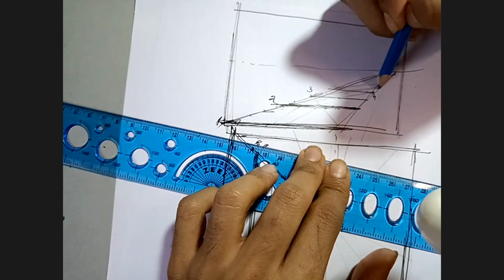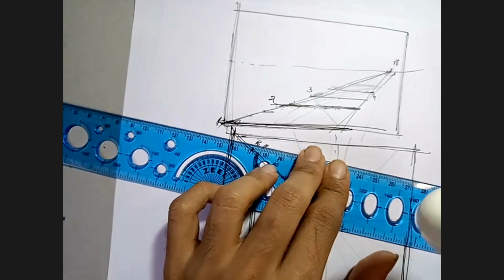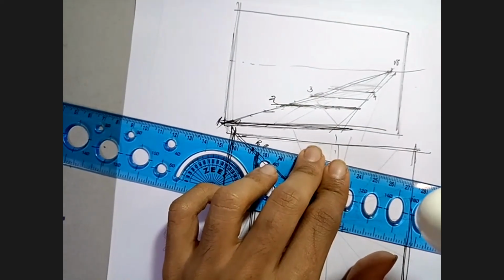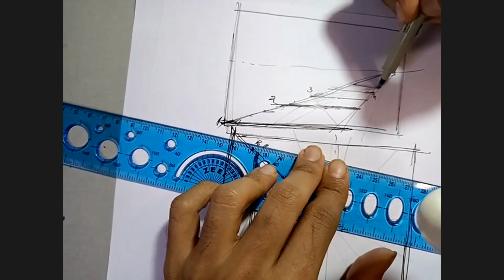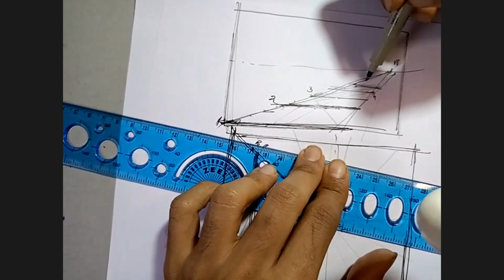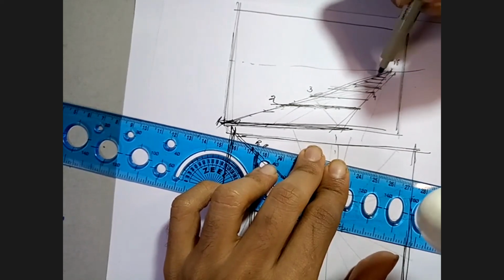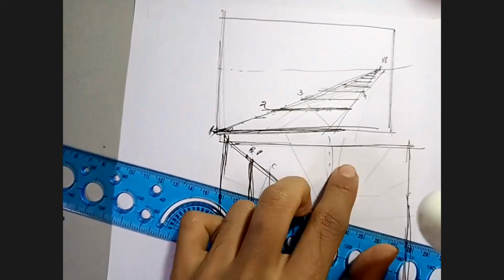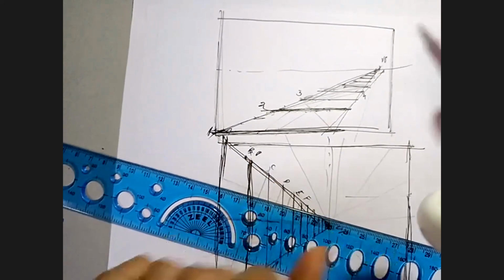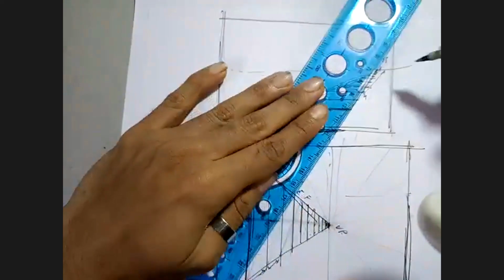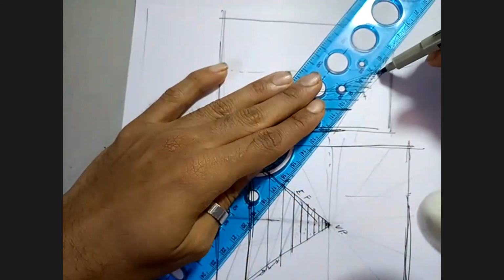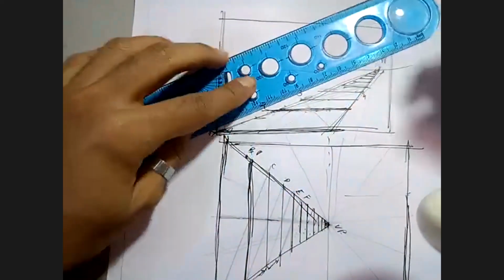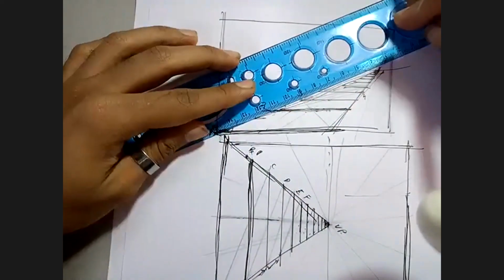And then you draw this and then you have it. And then you can darken all the lines you want.